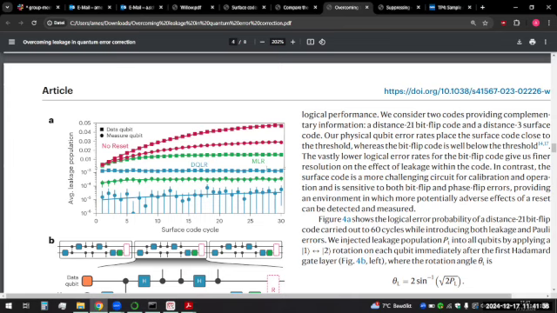So there are very little transitions of this 2-0 subspace available.